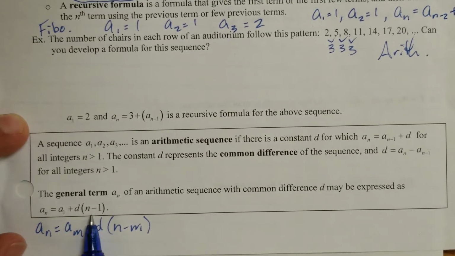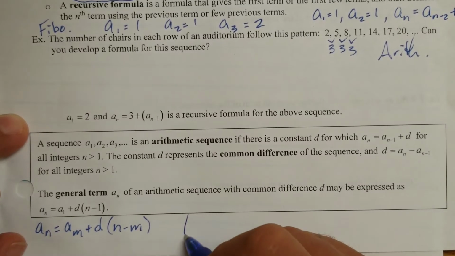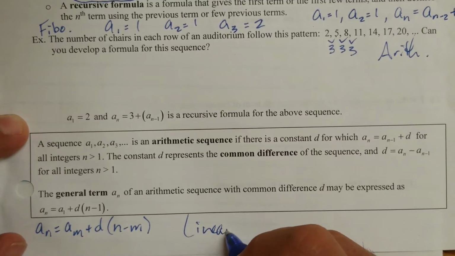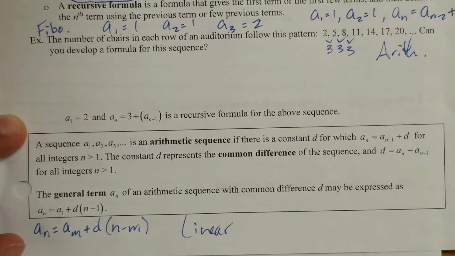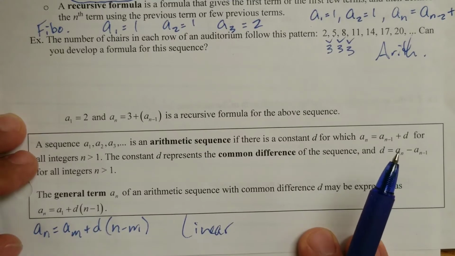So the reason we subtract 1 is because this is the first term. If I only knew the 5th term, then I would just plug in the 5th term there, but I would subtract 5 in my formula. Also, it's really important that you notice that this is linear. When your formula is linear, your d would be your slope. That just means that you're dealing with an arithmetic sequence.